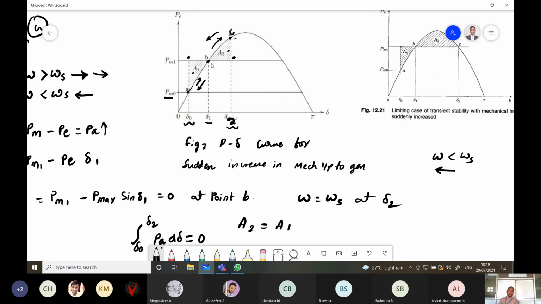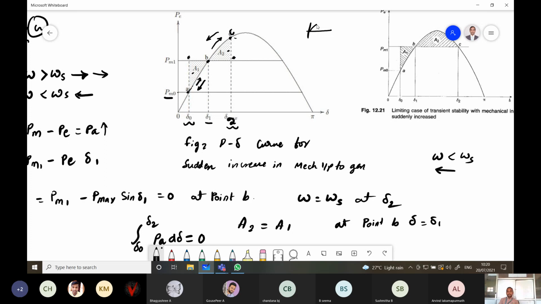In this case delta is equal to delta 1 at point B. So with that, up to delta naught to delta 2 on two sides, the oscillations are similar to the simple harmonic motion of an inertia spring system, except that the oscillations are not sinusoidal.